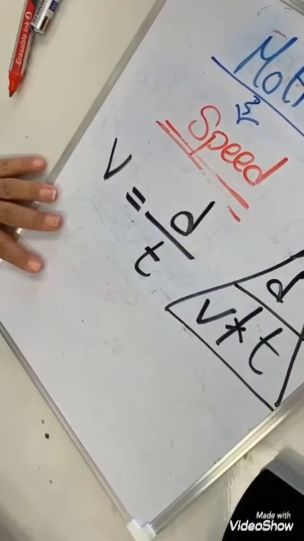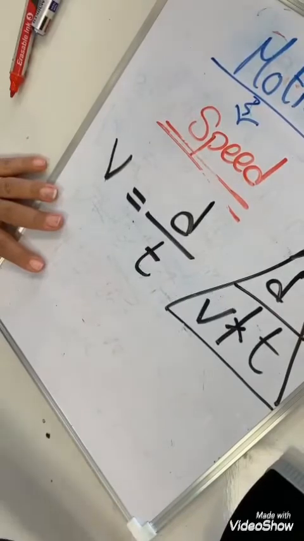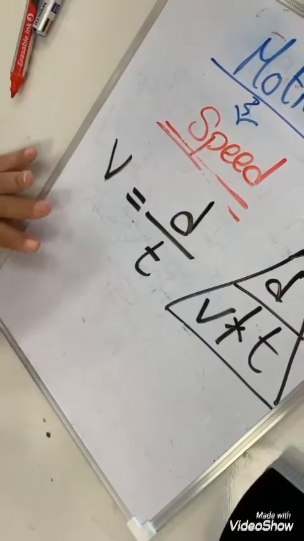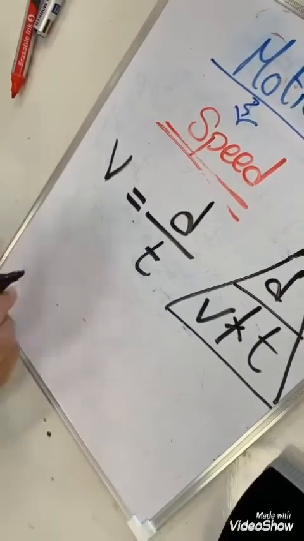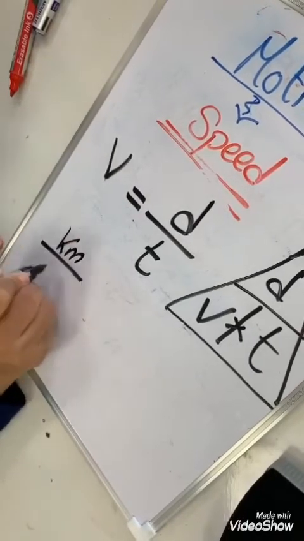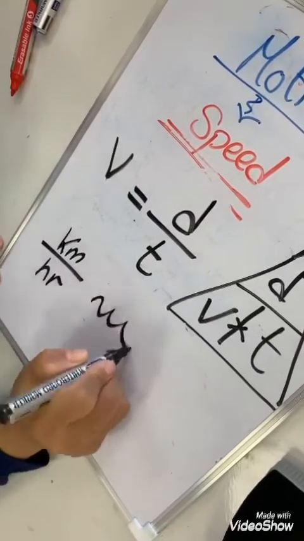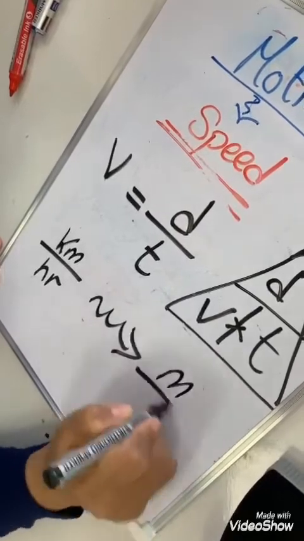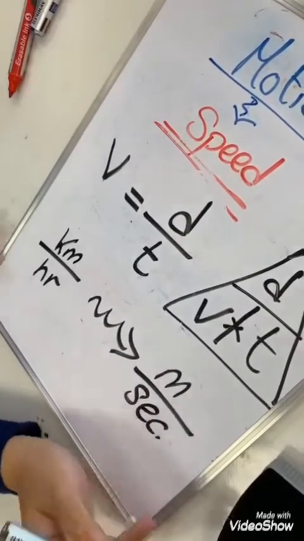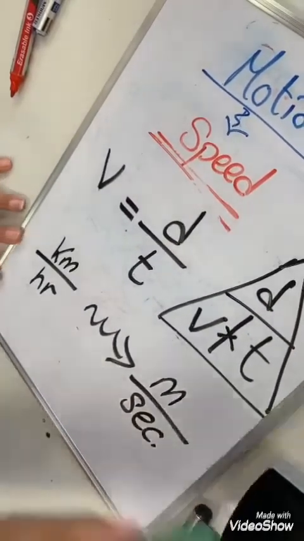Right, now let's see how to change from one unit to another. If I have a unit, kilometer per hour, and I want to change it into meter per second, let's see this part of how to change this.